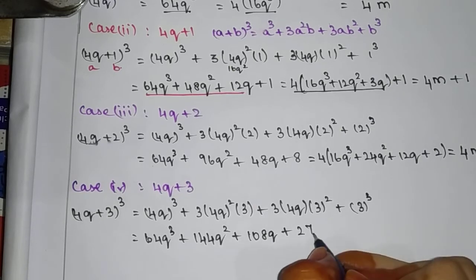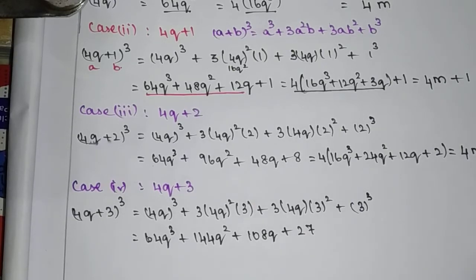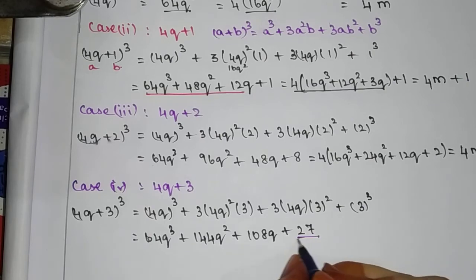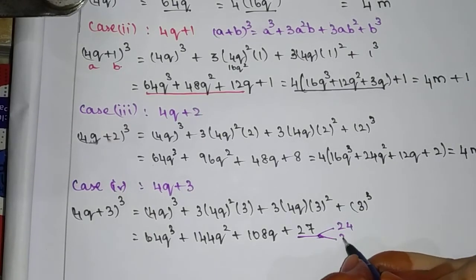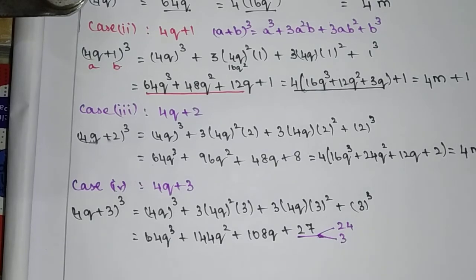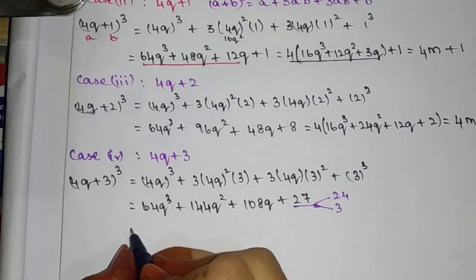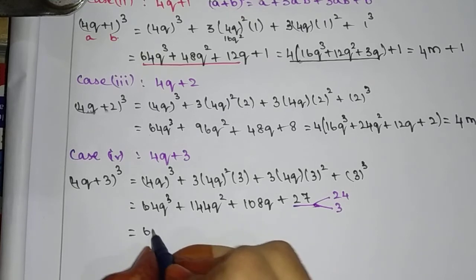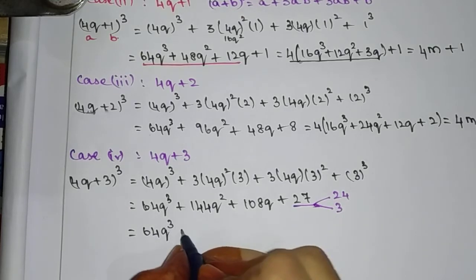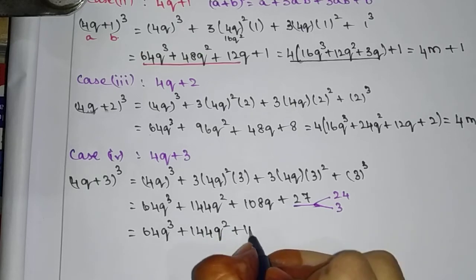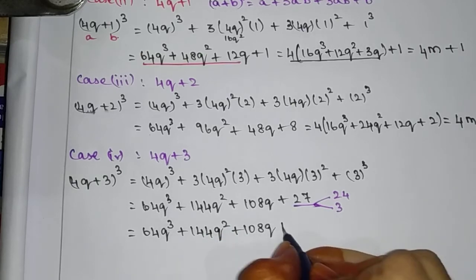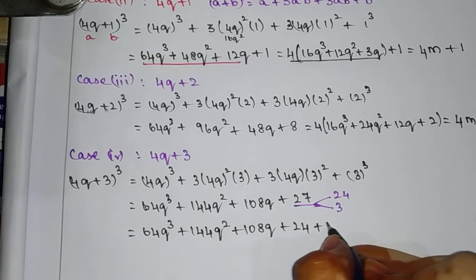3 cube is 27. Here, see here, I can split this 27 into 24 and 3. I am writing that is equal to 64q cube plus 144q square plus 108q plus 24 plus 3.